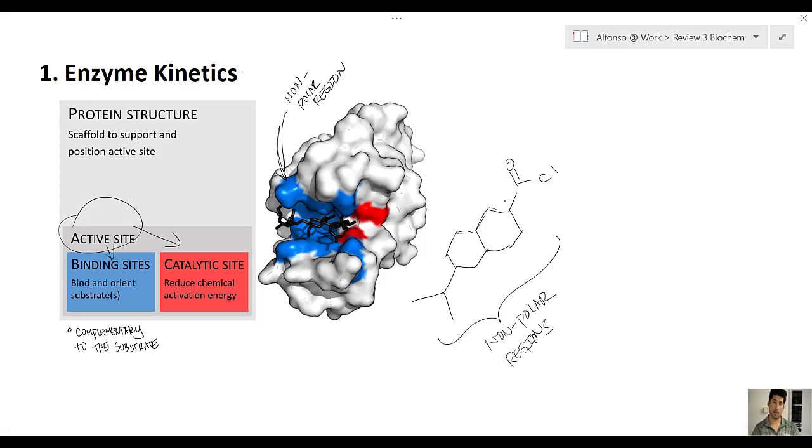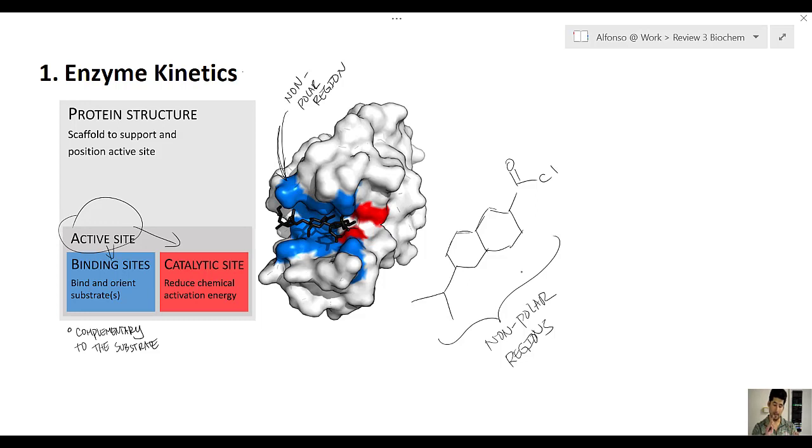So we can pretend that this molecule right here is a drug, and that this enzyme is responsible for metabolizing that drug. The reason why that enzyme is able to bind to this is because of this complementary region, which is a non-polar region. The binding site could also be polar, or it could be ionic, but it just has to be complementary to the substrate. Remember, the whole point of the enzyme is to grab a substrate to catalyze a reaction.